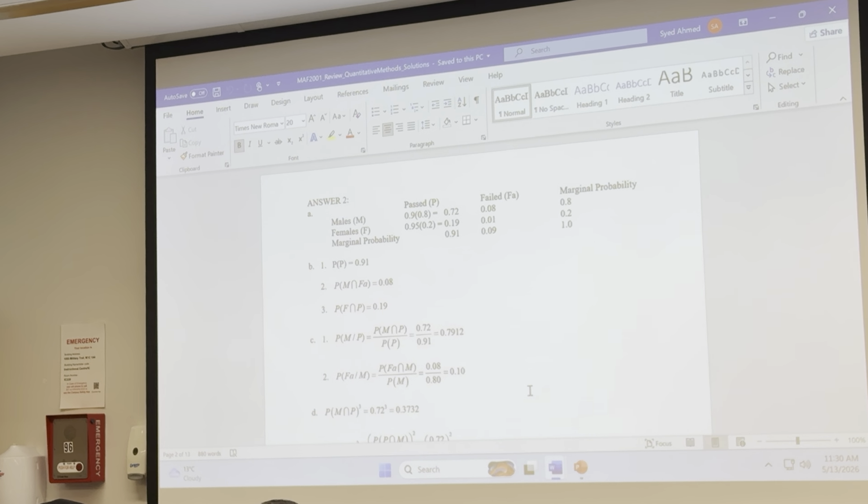The probability that a person is a male and passes the course is 0.72. If you pick a person at random, that is 0.72. But if you pick 3 people, it is simply going to be 0.72 times 0.72 times 0.72. Look at this.